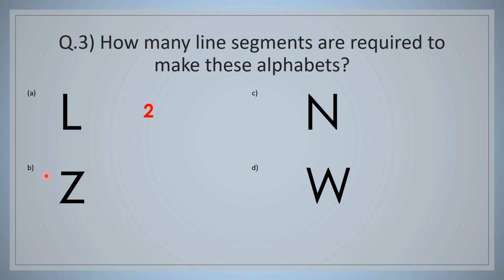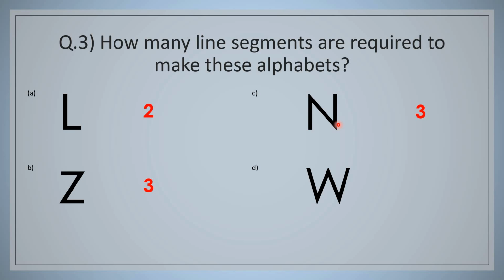Moving to the second one, that is Z. For Z, you need 1, 2 and 3. So for Z, you need 3 line segments. Third one is N. For N, you need 1, 2 and 3. So for N also you require 3 line segments.